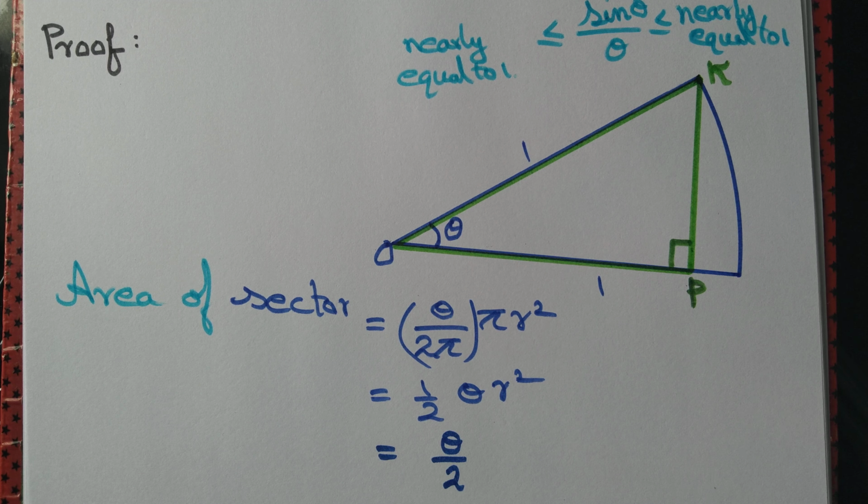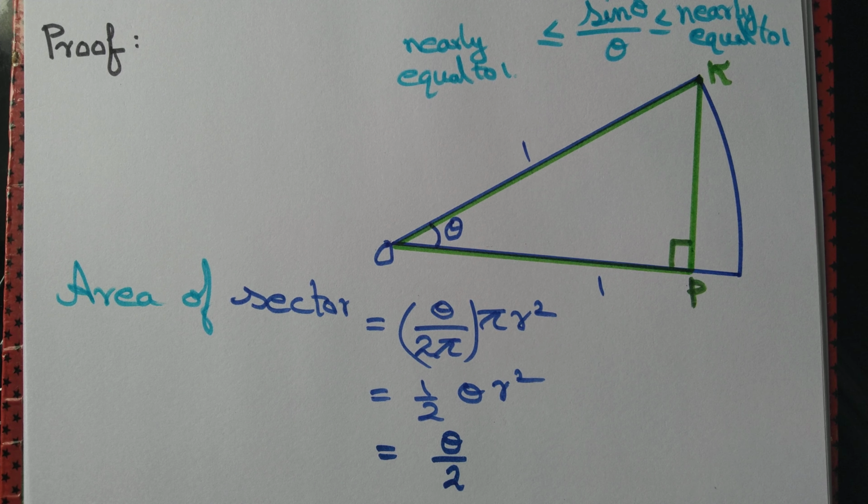Observe that sin theta equal to PK by OK, and PK is perpendicular. OK is just 1. So PK or KP just turns out to be sin theta.